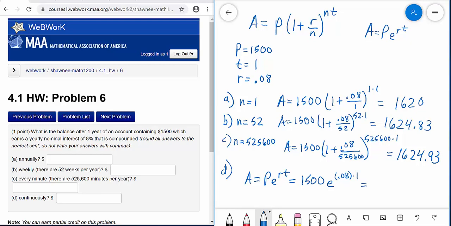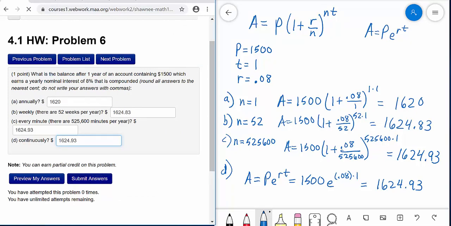And when we do 1,500 times e to the 0.08, we get 1624.93. So this number rounds to the same answer when you go to 2 decimal places, but it will be slightly larger than the expression we got in part C.